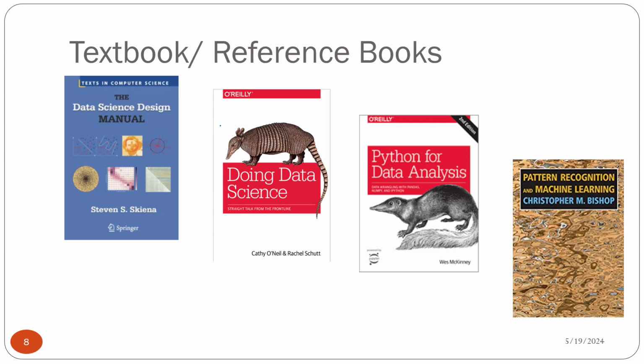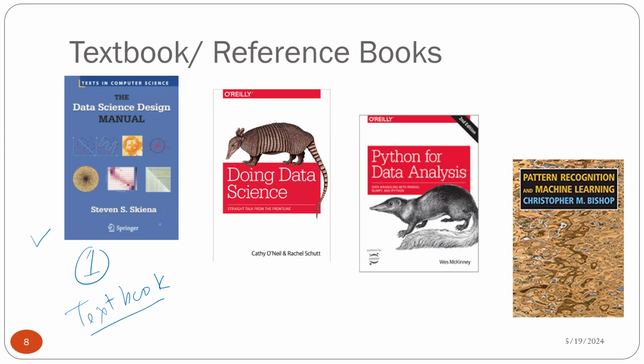Now let's look into the books. If you're thinking of using books for data science or for this course, CSE 351, then here I have the list of books. There are four, in fact. The first one is the Data Science Design Manual. This is going to be the textbook. I would say probably more than 95% of the content in my lecture slides you'll find from this textbook.